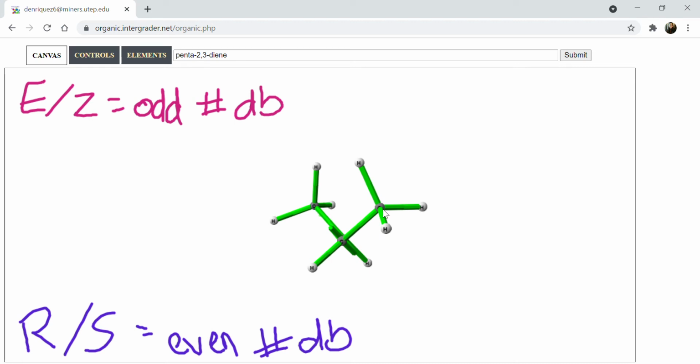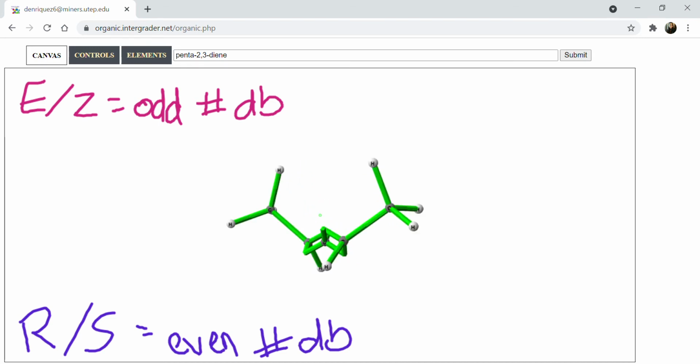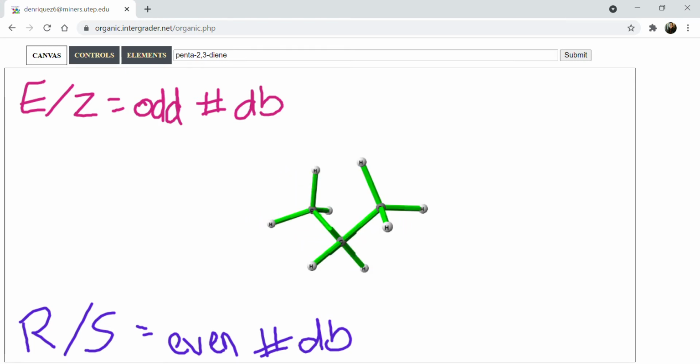So 1, 2, 3, 4. So remember, we're doing the first carbon first, these 2, and then we jump. We know that this hydrogen isn't higher priority than this, like in a normal molecule, but when we're doing the Newman projections, it would be because it's on the first carbon. So we just turn around again. 1, 2, 3, 4. So it's going right there to the right. So we can go ahead and put R.